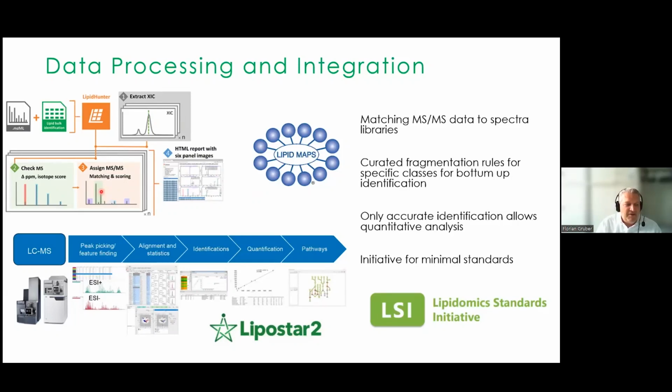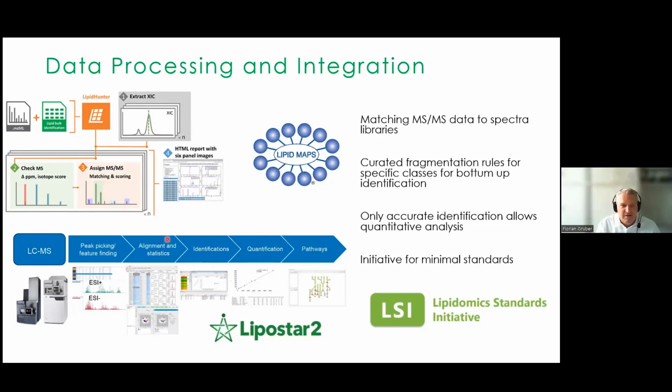There is also software that uses, for example, curated fragmentation rules. So you know in which parts some types of lipids, or some types of fatty acids attached to the lipids, should break. With the software that can identify those rules, you can do a bottom-up identification of the ions and the fragmentation signals you have acquired with MSMS.